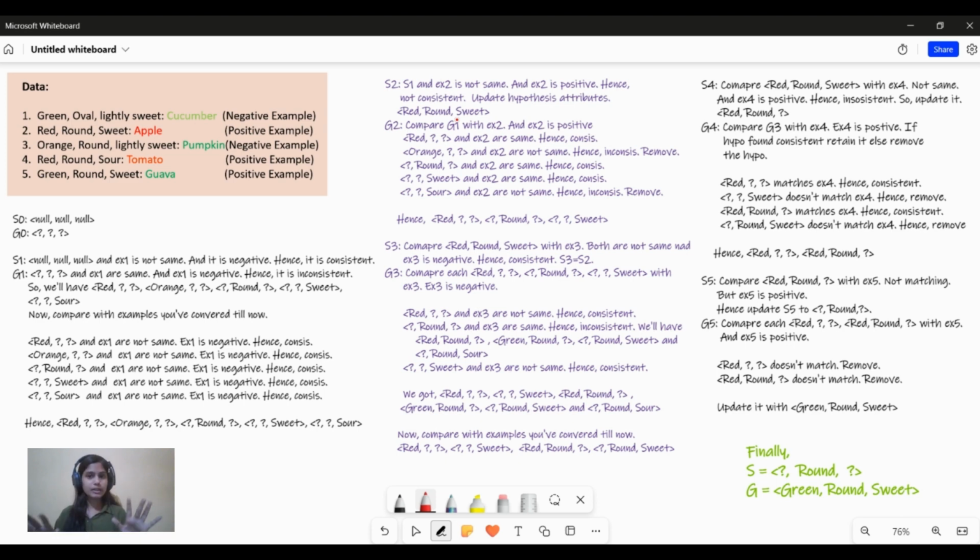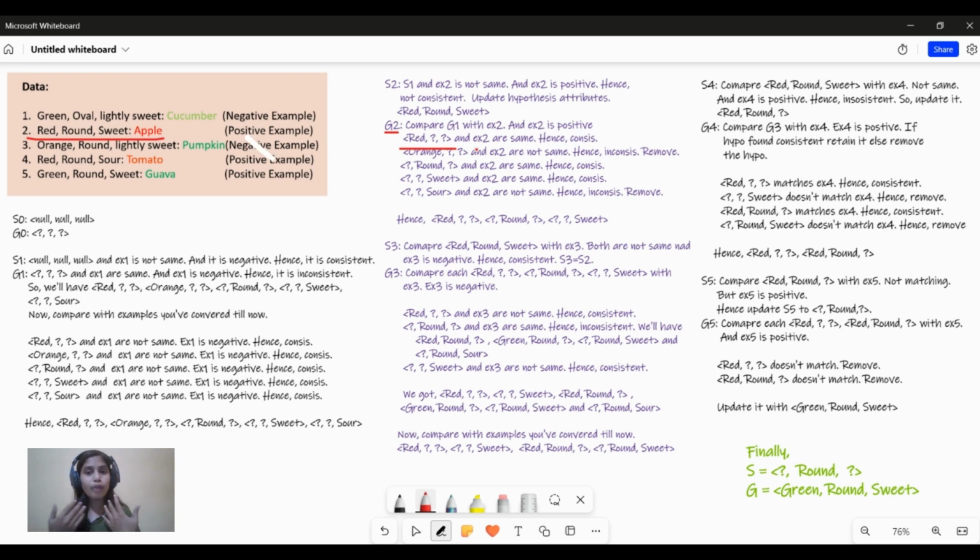So specific done. Now come to the general hypothesis. We will compare all these hypotheses with the current example, which is this second example. So compare G1 with example 2 and keep in mind that example 2 is positive. So if red, question mark and example 2 are same and example 2 is positive, then this hypothesis is consistent.